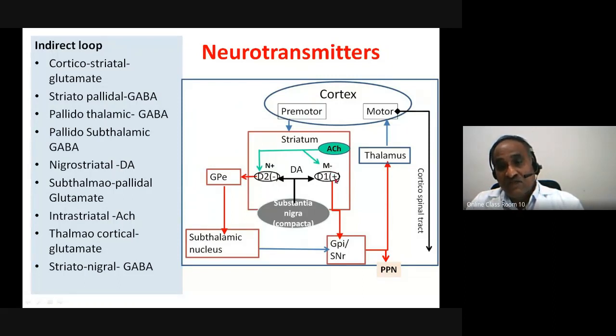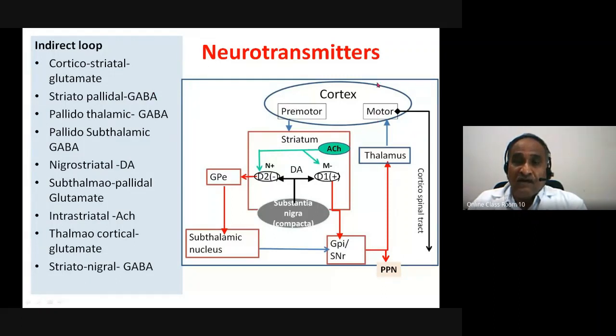So that means the dopamine 1 excites or increases the output of the direct circuit, and the muscarinic suppresses the output, so there is a balance. Similarly, the dopamine 2 receptors decrease the output, and that will be balanced by the nicotinic acetylcholinergic actions. This is in brief about the overall circuitry of the basal ganglia.